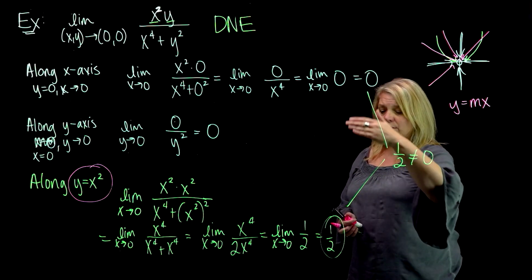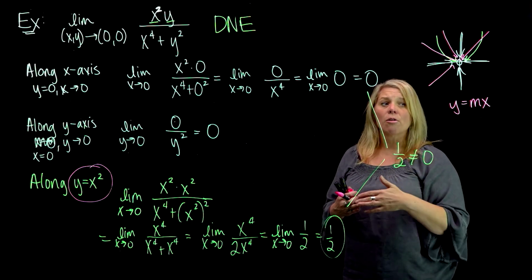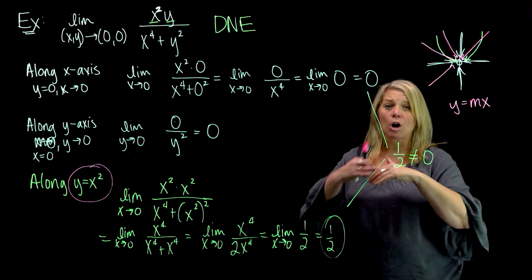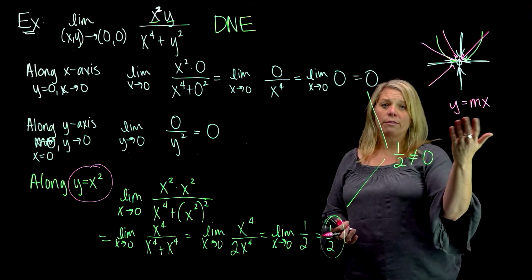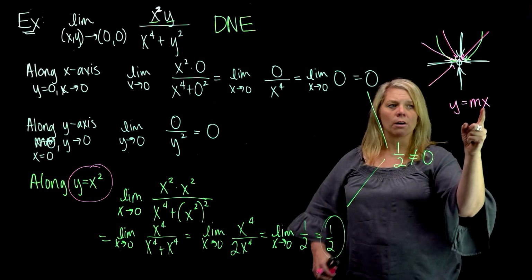So here I have 2. To show a limit does exist, you don't just need infinitely many paths that give you the same answer. You actually need all paths. If all of your infinitely many paths is not every path, then that's not enough to show it.